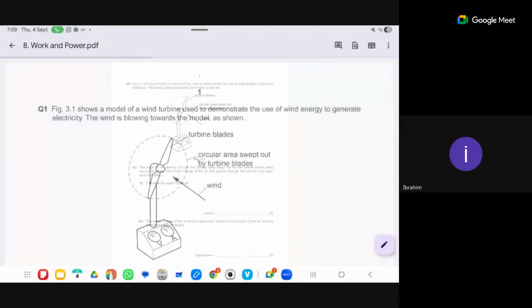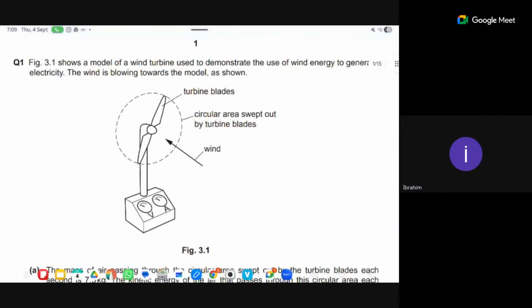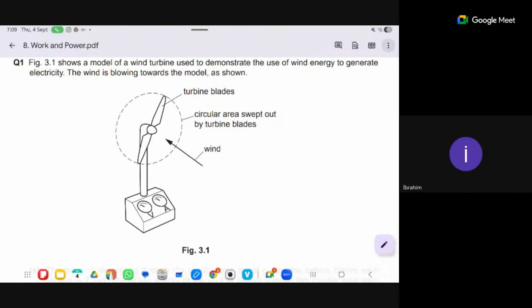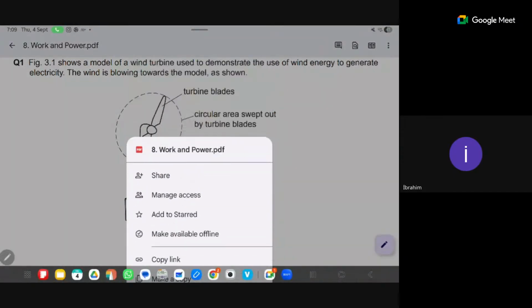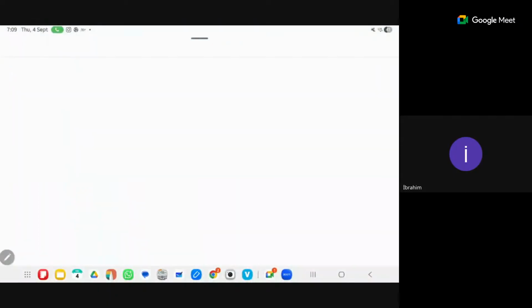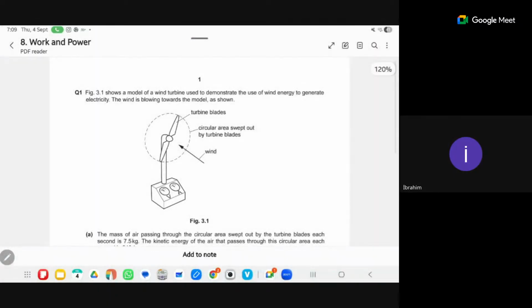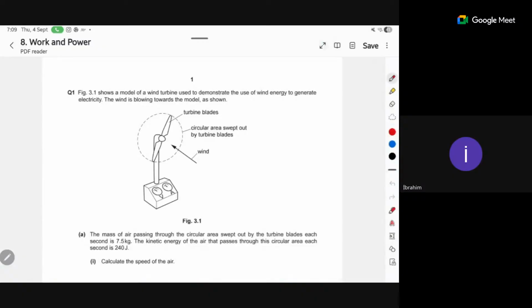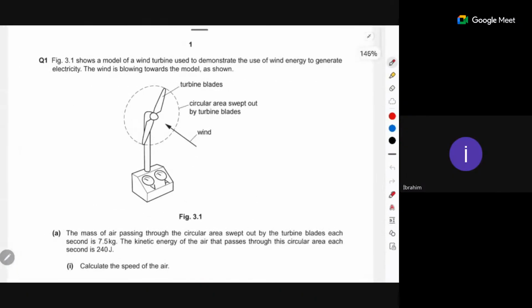These types of questions are asked to you. For example, this is your figure 3.1 that shows a model of a wind turbine. Sorry, I have to open this with notes. Now it is editable. Is it visible to everyone? Okay, visible.